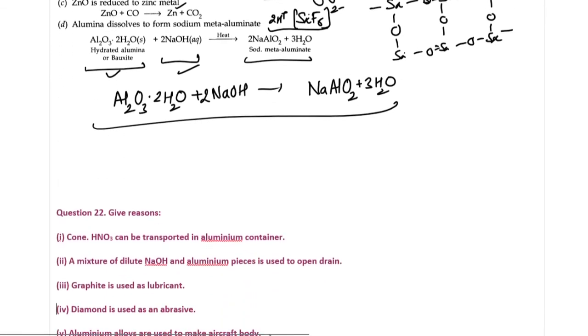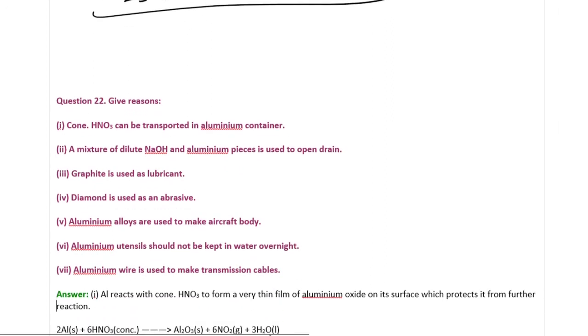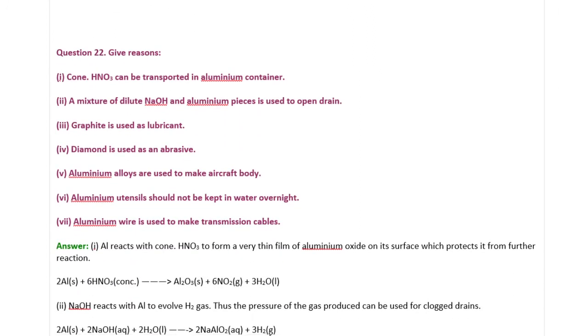Next, question number 22. It is a most interesting question. Concentrated HNO3, nitric acid, can be transported in aluminium containers.